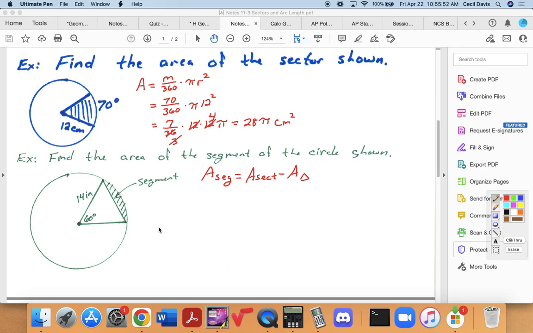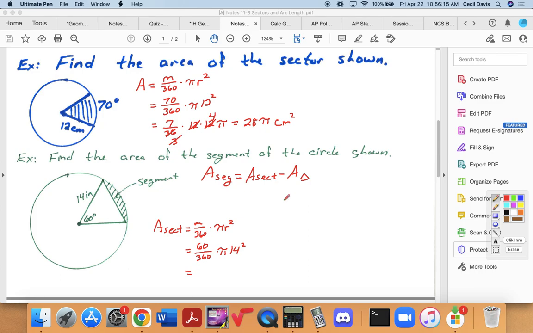So let's see, the area of the sector, it's m over 360 times pi r squared. So it's 60 out of 360 times pi times 14 squared.